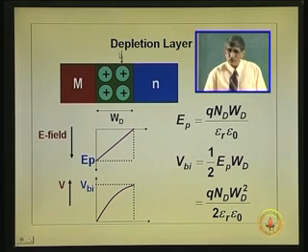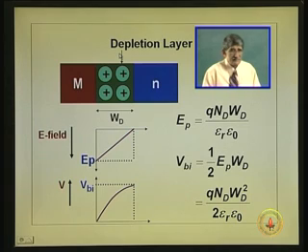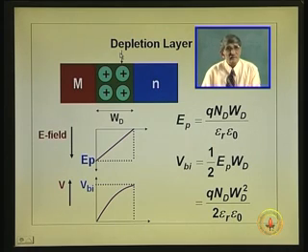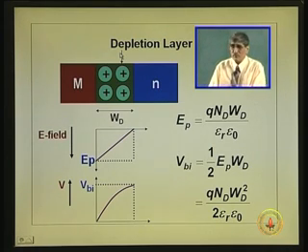See, what we are trying to find out is, we know the value of VBI, we know it to be equal to 0.953. What we are trying to find out is, what is the depletion layer width for a particular doping. So, for that we are making use of the expression.